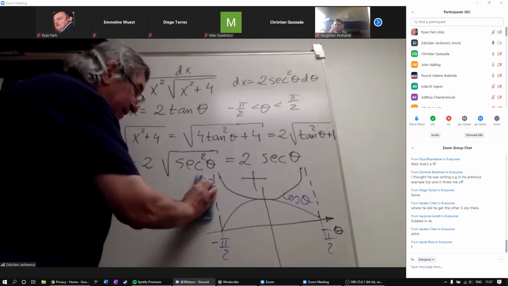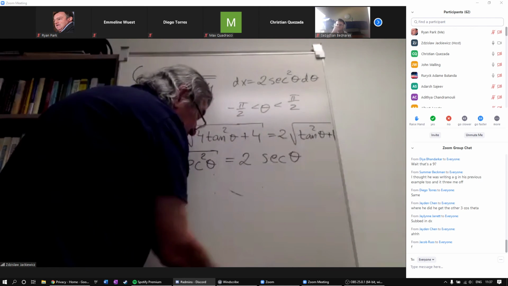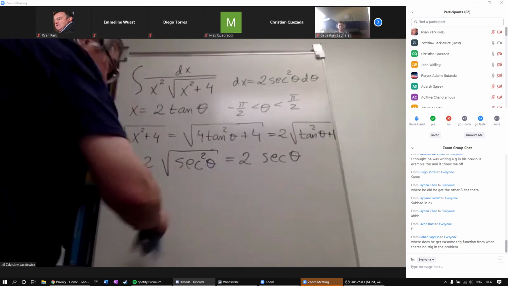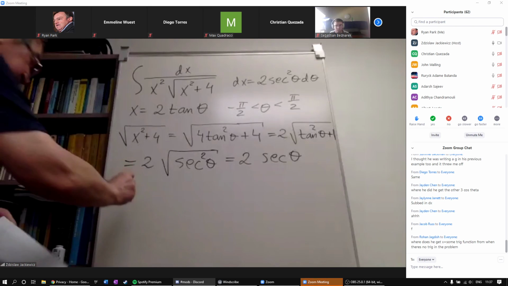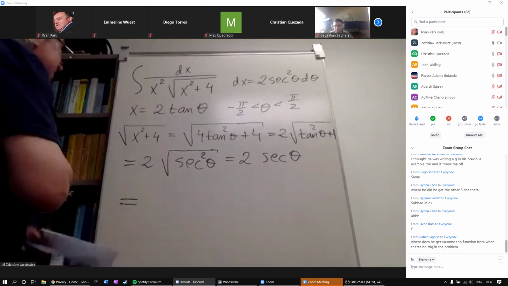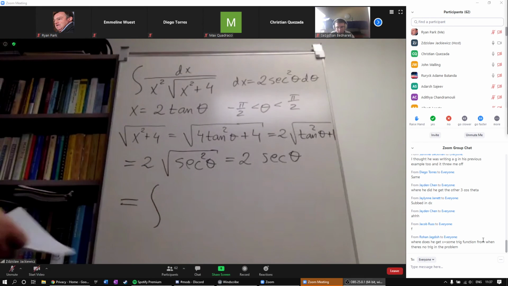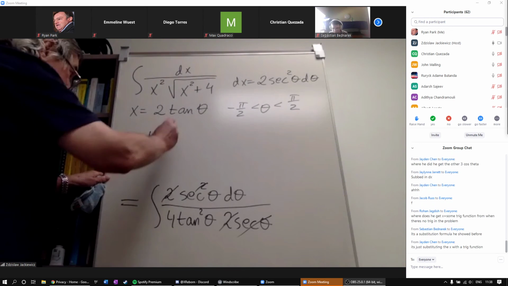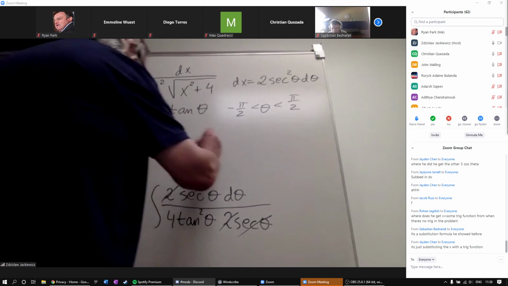Let's see now. If you substitute, you will see that we get something not too bad. So let's substitute what we are getting into the integral, and switch everything to sines and cosines.